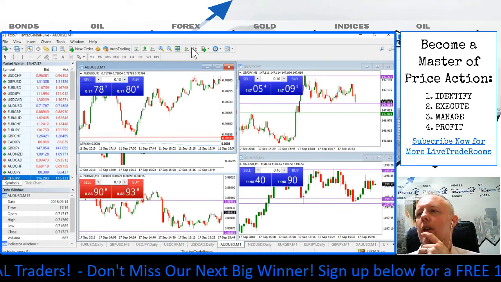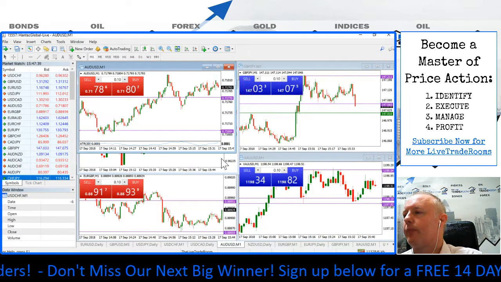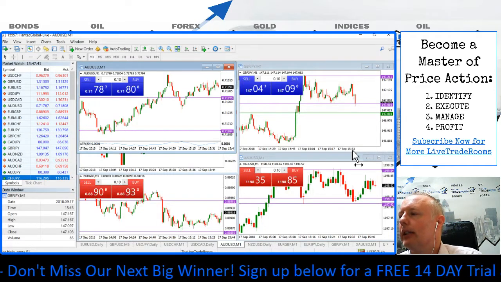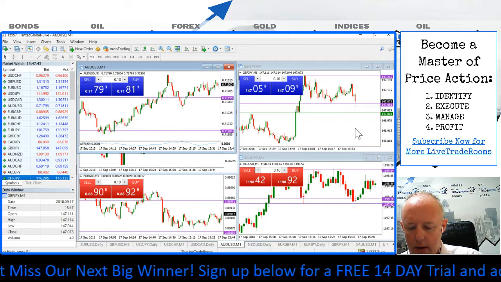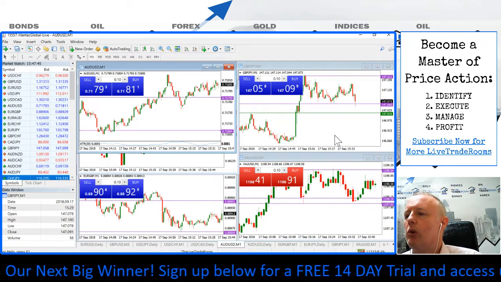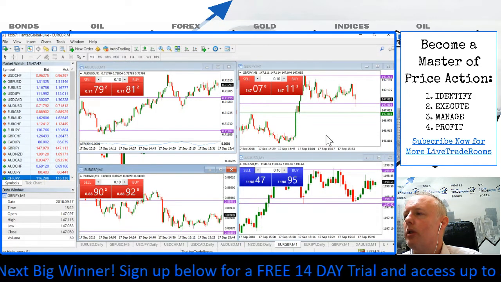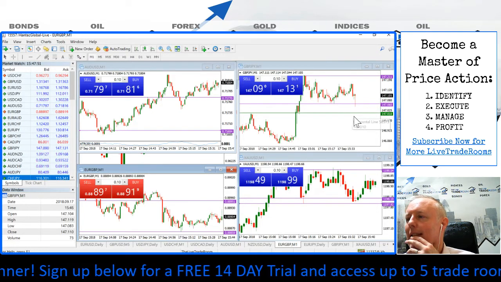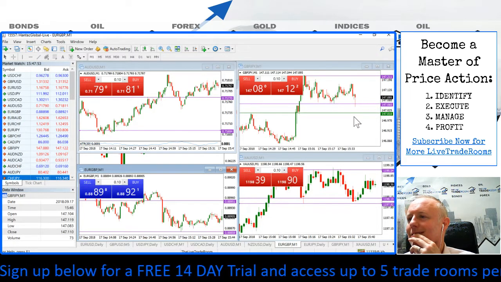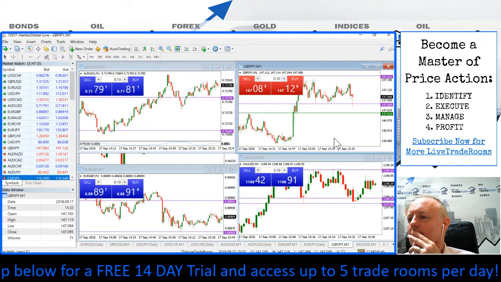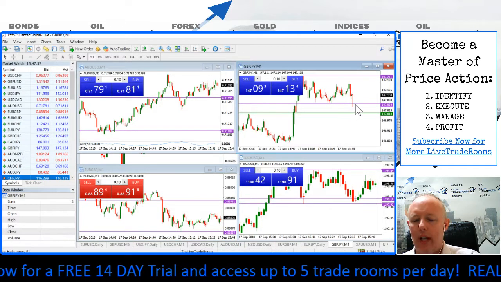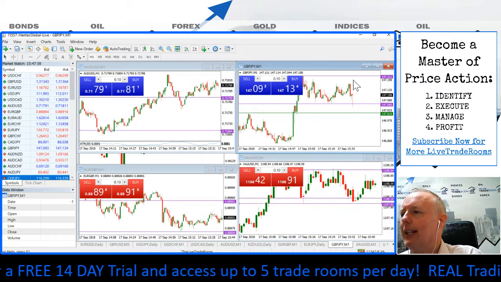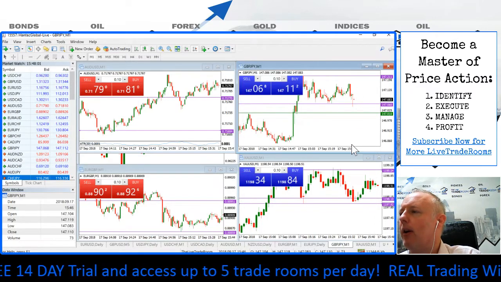Let's have a look at the Aussie dollar on a smaller time frame. So we're seeing a bit of a spike lower now. A little bit of extreme volatility just kicked in, just a sharp snipe lower.